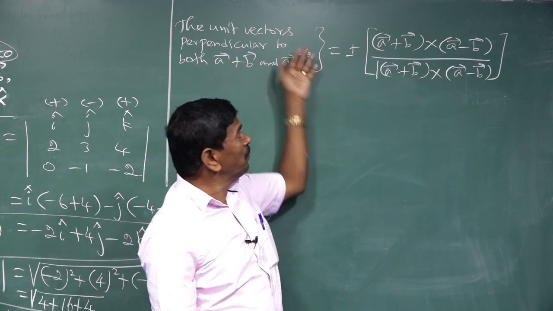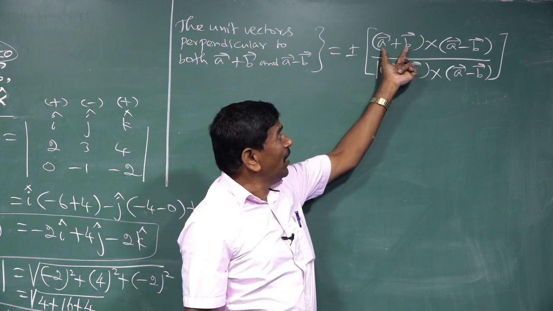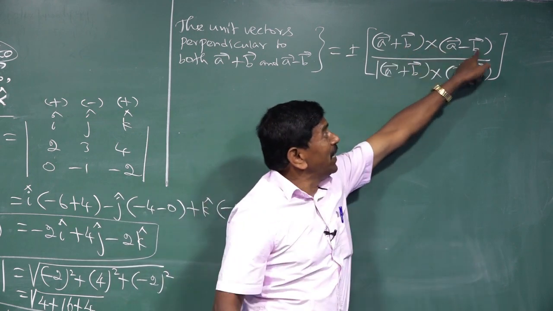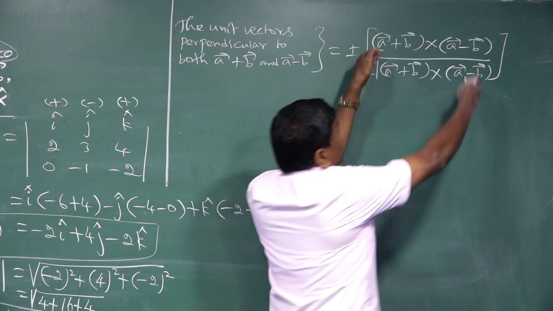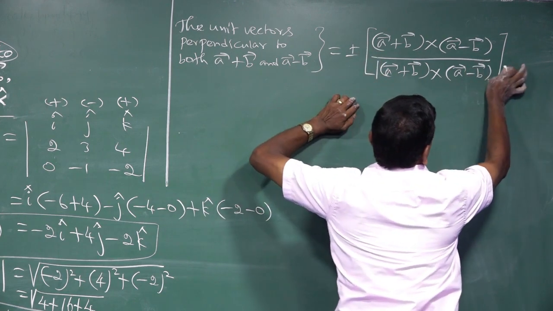So it is equal to plus or minus a vector plus b vector cross a vector minus b vector divided by modulus of a vector plus b vector cross a vector minus b vector. That's all. The unit vector perpendicular to both is given by plus or minus the cross product divided by its modulus.